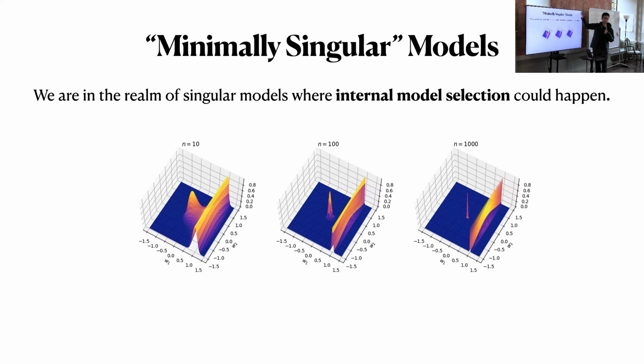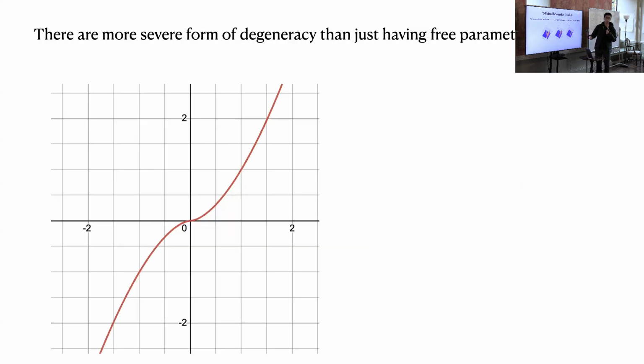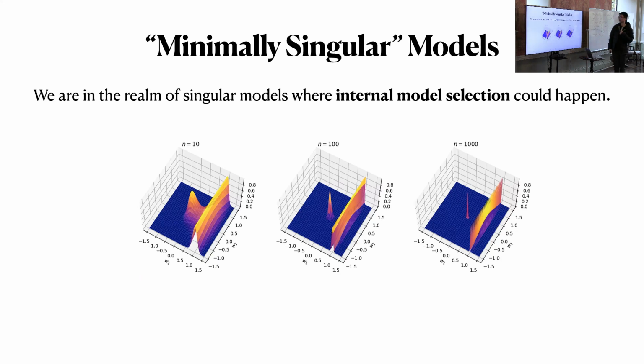And a blob is more important than a line. A hypercube is more important than a blob, for example. What do you mean by more important? More important in the sense of contributing more posterior mass, contributing more to asking which model is more parsimonious, which model is less complex.